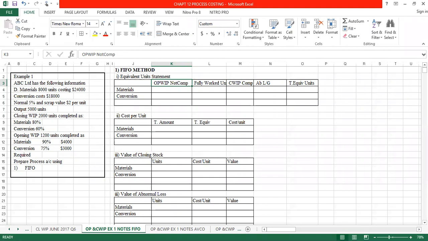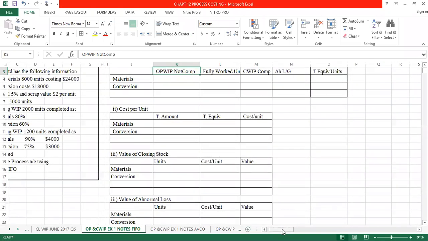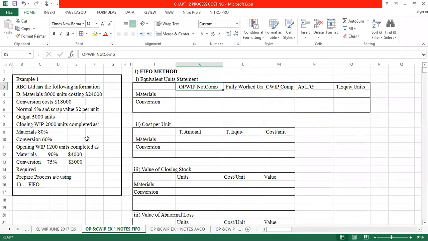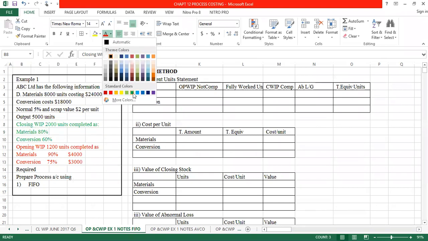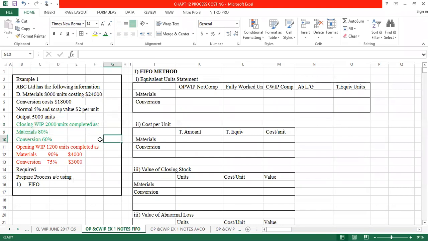So look at the question. Let me increase the size a bit. In our question, you can see opening is there. You can see opening values, and you can see closing values so that you don't confuse them. So what are your opening values?